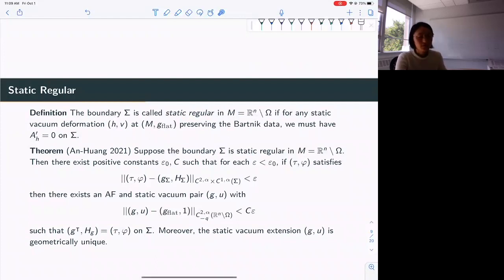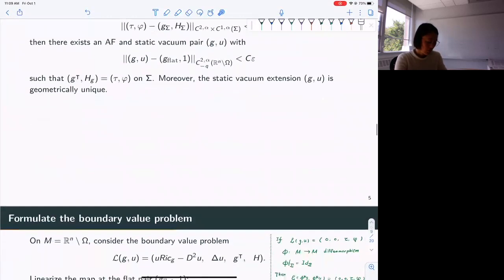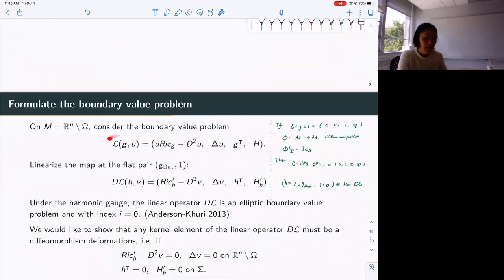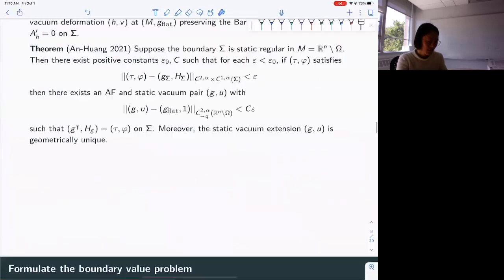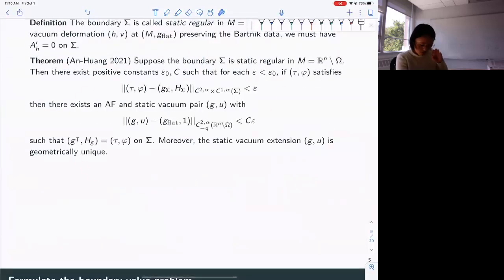Based on this observation, we do extra analysis on the co-kernel and kernel space for the map here. We also do very careful calculations with the asymptotic behavior of all those tensor fields. And then we get a local existence and uniqueness result for static regular surfaces.